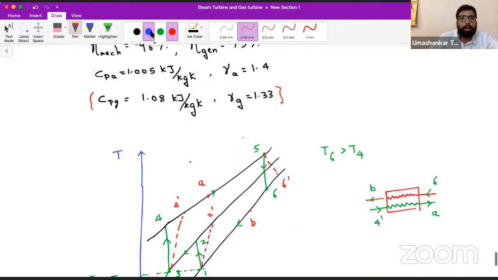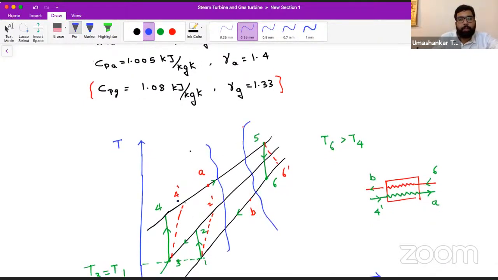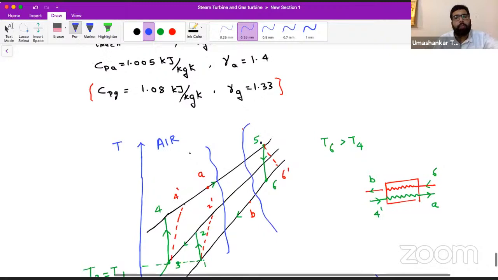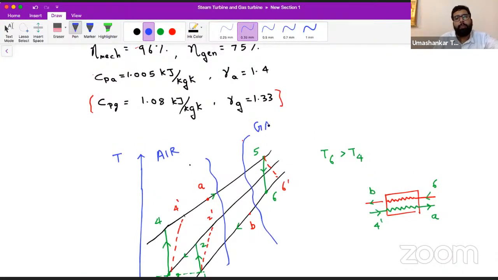So beyond this point, whatever we do, we will take the properties of air, and once the working fluid exits the combustion chamber, we will take the properties of gas. So we will take CPG and gamma G after this point 5, and CPA and gamma A before entering the combustion chamber.